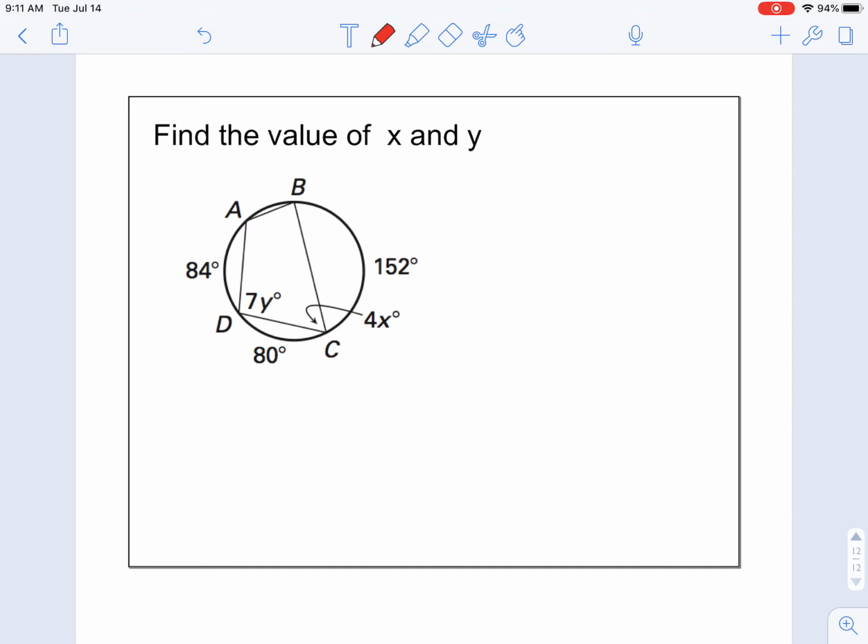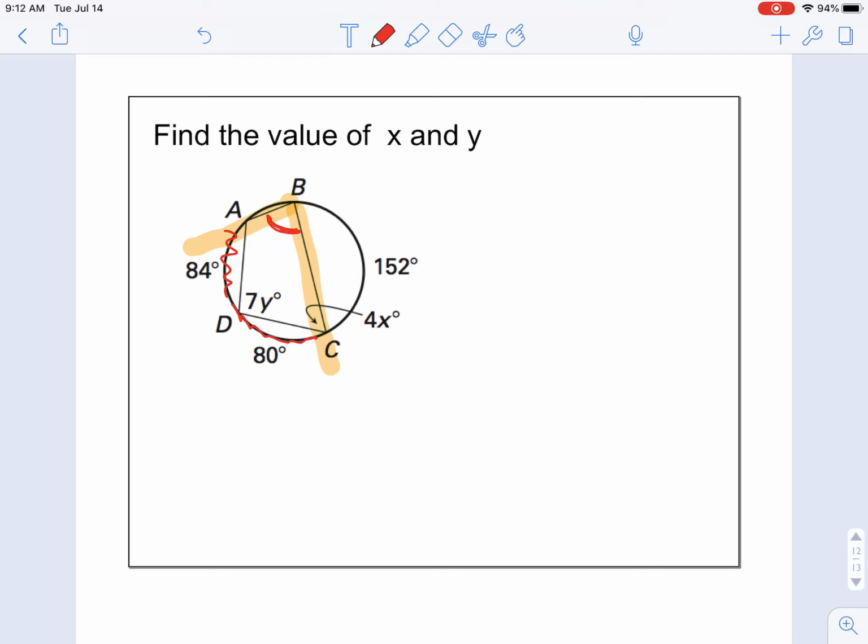All right, we have one last example here. Find the value of x and y. So again, we know that the opposite angles are going to be supplementary. But if I try to set up this, I'm missing some pieces. So what do I know? Well, I know that this angle right here, angle B, is an inscribed angle.